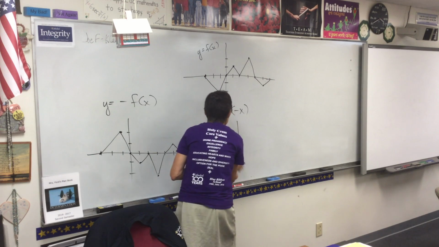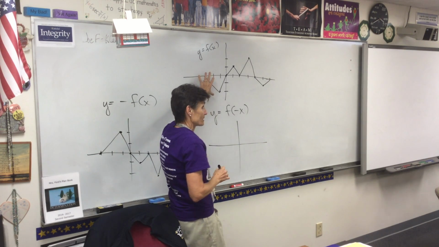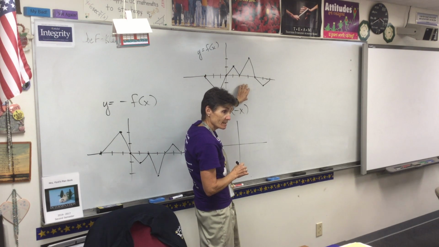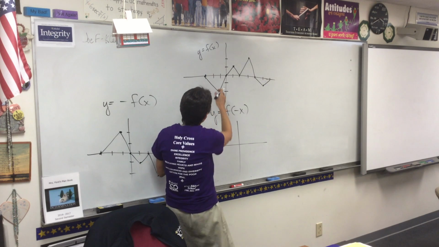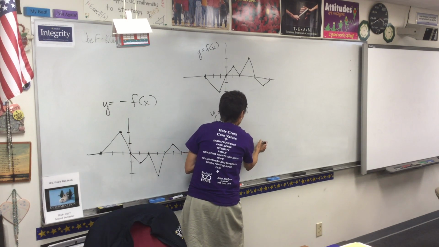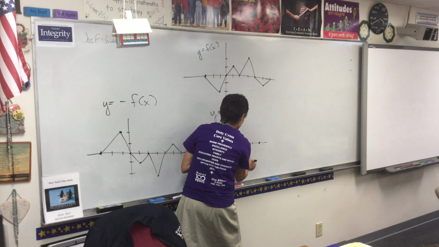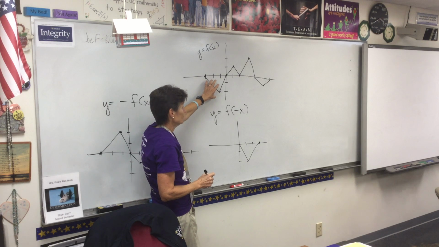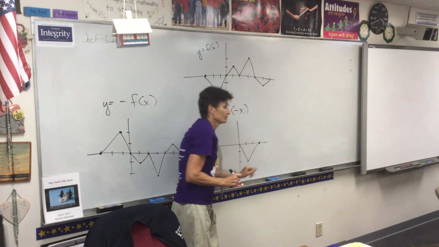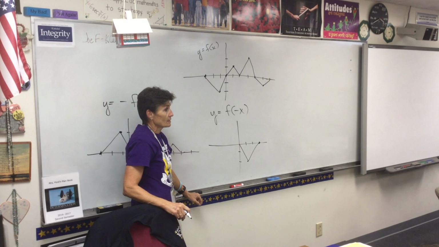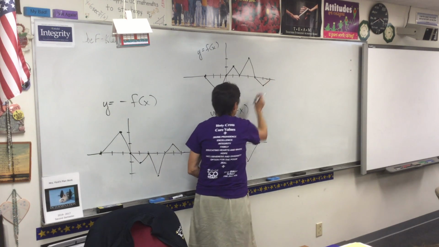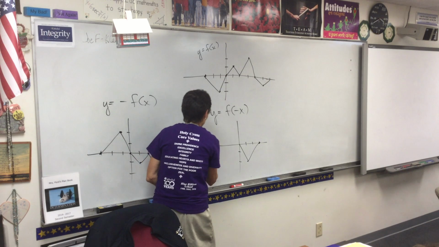So anything that was on the left in the original is now going to be on the right and vice versa. So this little triangle thing right here, he is over here now. That little triangle is now over here. Does that make sense to you? And then similarly, all of these triangles are now going to be over here.